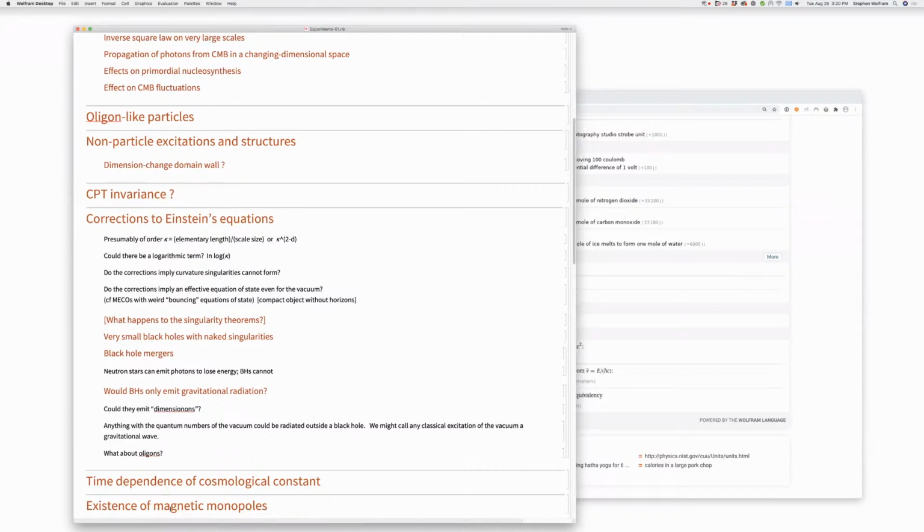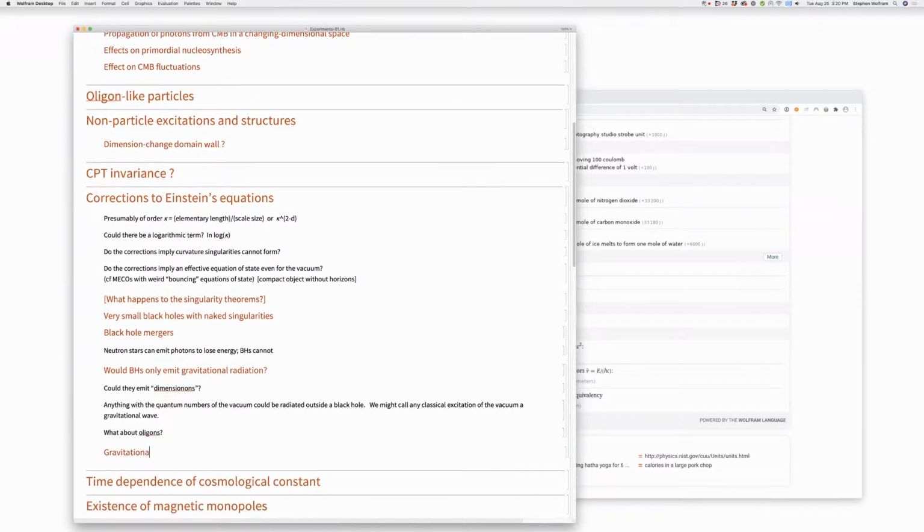Actually, this is an interesting point, that if we have more structure in spacetime, right? Okay, so let's talk about gravitational waves, actually. The corrections to Einstein's equations will presumably not affect gravitational waves. I think we did this calculation before, except when their wavelength is small compared to the elementary length, or comparable to the elementary length.